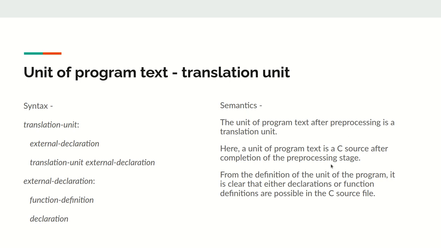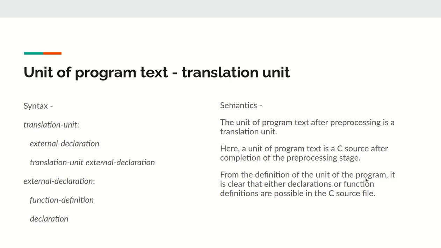Here, this one is the unit of program text, the translation unit, which is after pre-processing. This file is nothing but the .i file extension. So a unit of program text is a C source after completion of the pre-processing stage.